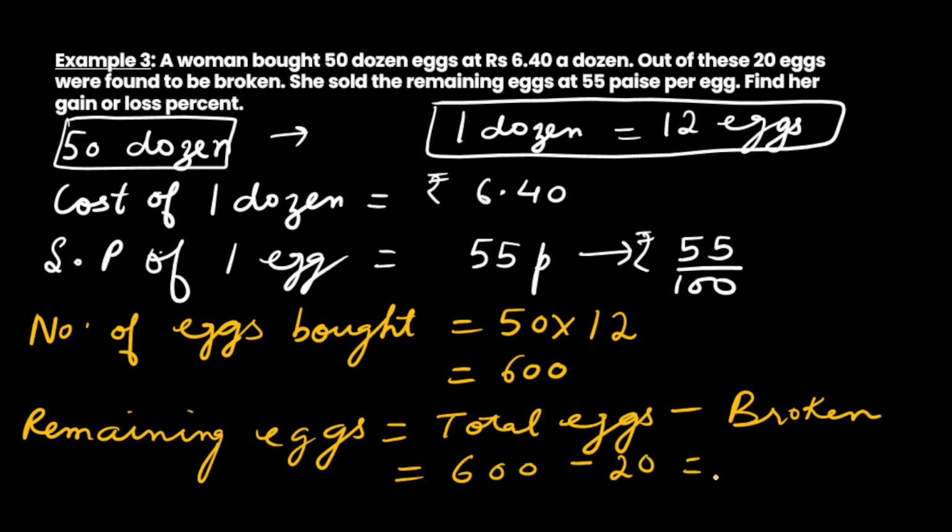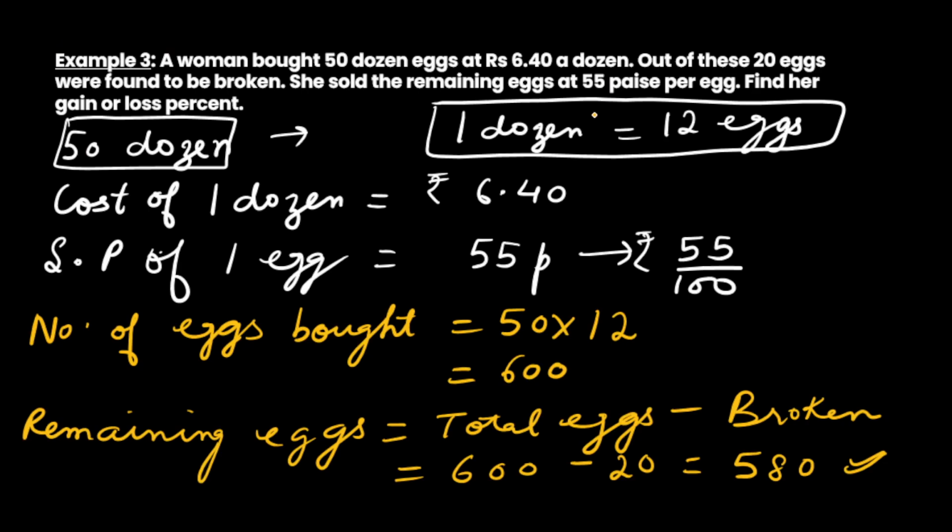Broken are 20, so that means 580 eggs still are there. Now we will see the cost price. While buying, the person purchased 600 eggs. So how to find cost price? The cost of one egg is given to us.